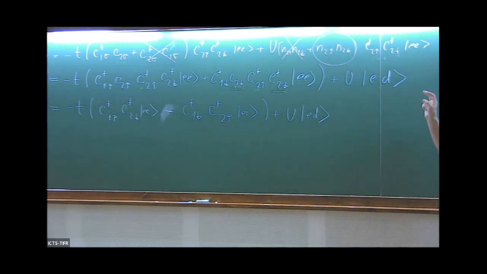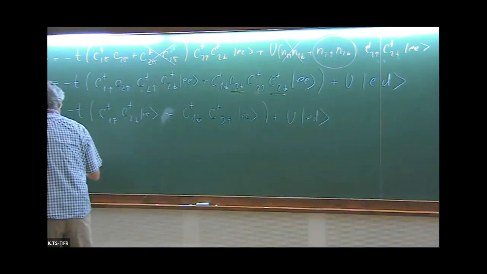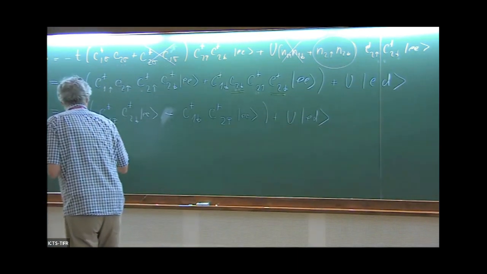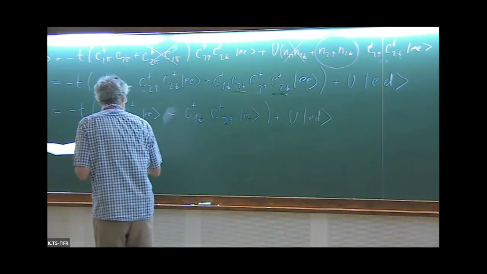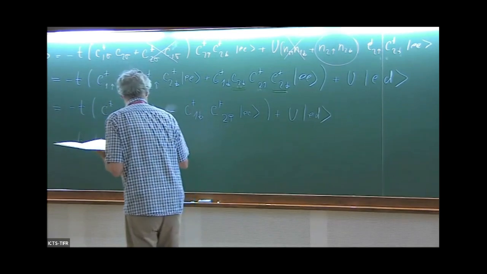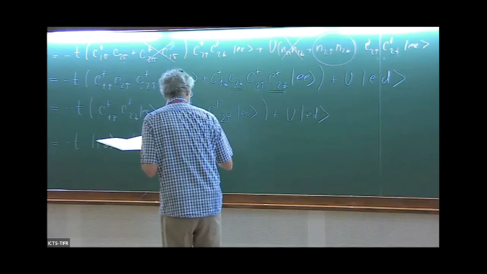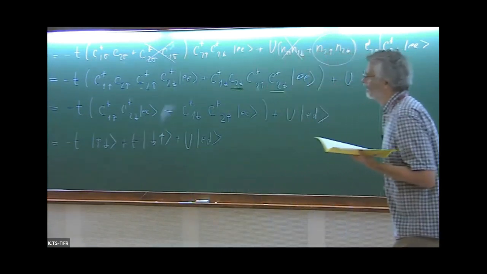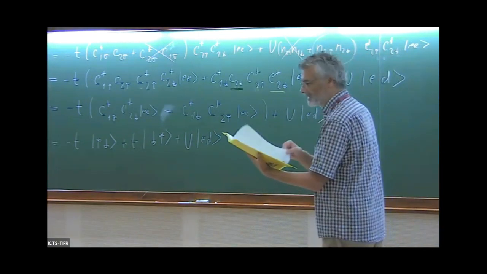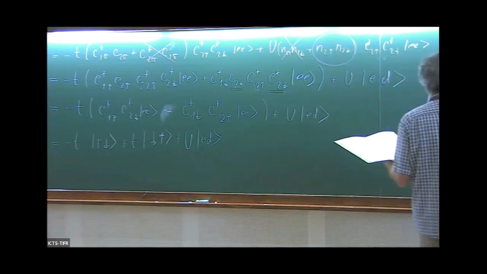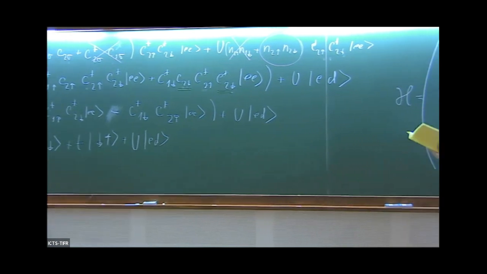Happy? Good. So it will be minus T times up, down, plus T times down, up, plus U times empty double. Okay. So we can write the first column in our 4x4 Hamiltonian that looks as follows. So this is a Hamiltonian in the 4x4 basis.